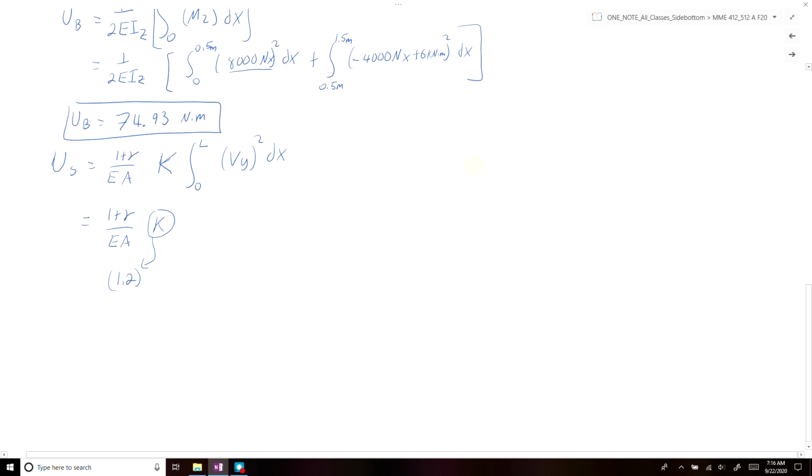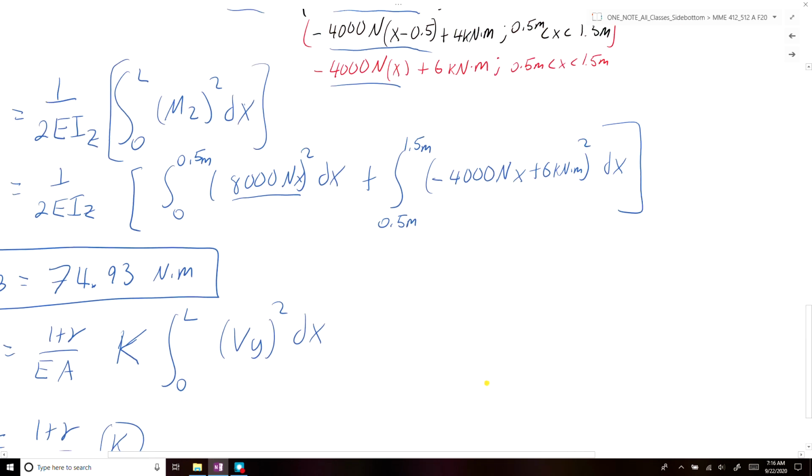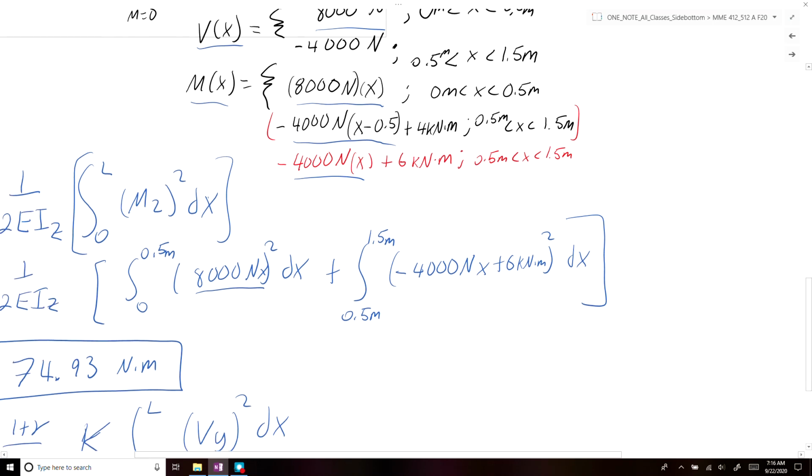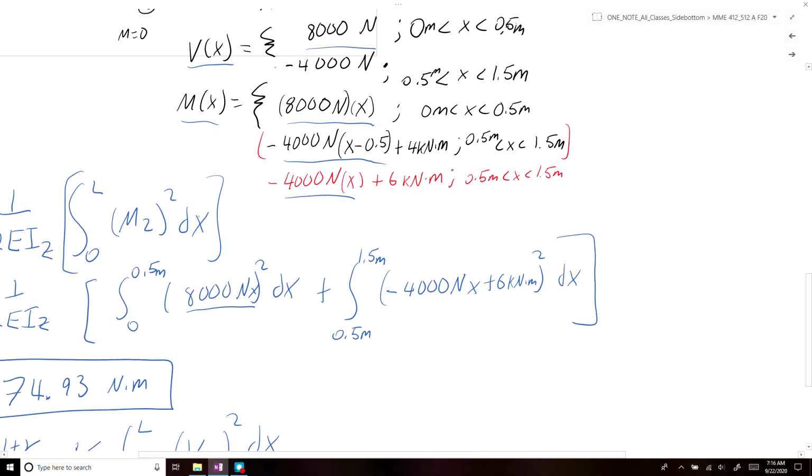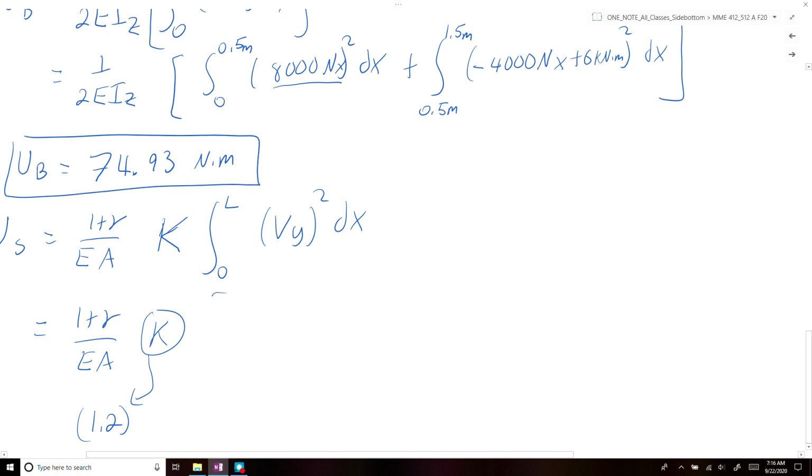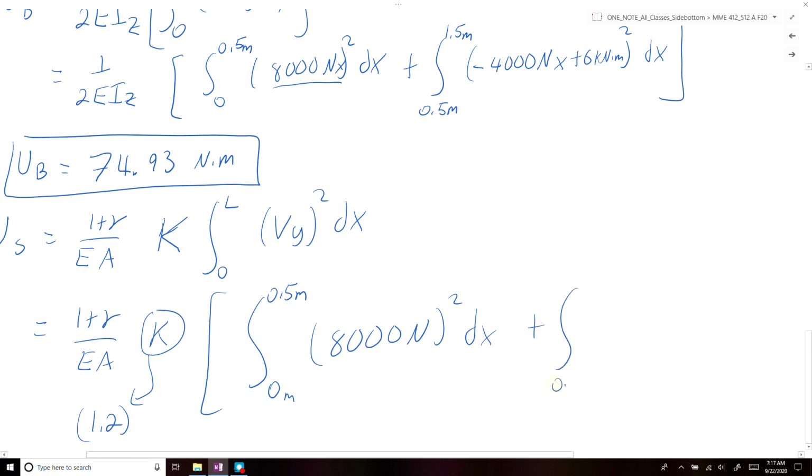For our integral here, we're just going to use our shear force equation as a function of x. Again, that changes in two spots, so we integrate from 0 to 0.5 meters, where it's equal to 8,000 newtons squared dx, plus from 0.5 meters to 1.5 meters, where the shear force is minus 4,000 newtons squared dx.